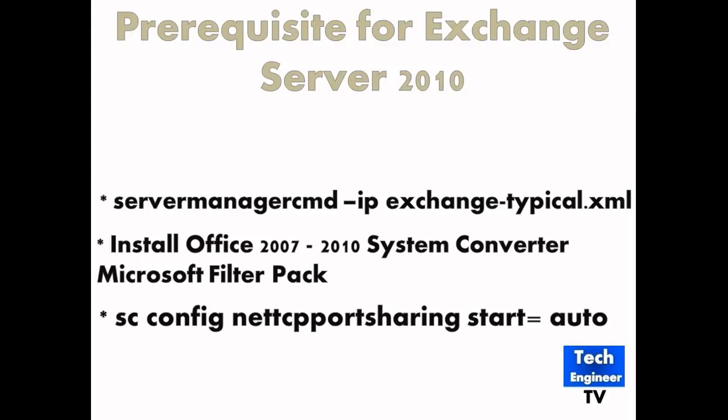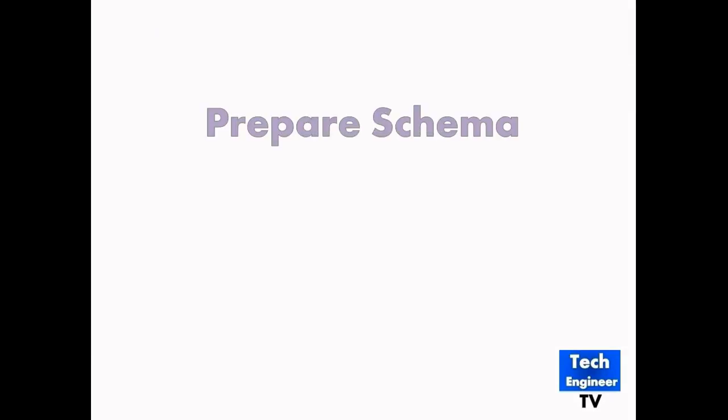You can go either to graphical mode or to command mode. The command is sc config NetTcpPortSharing start= auto. Otherwise, graphically, go to Services. Now prepare schema.